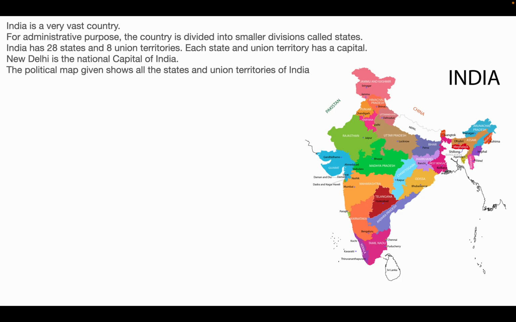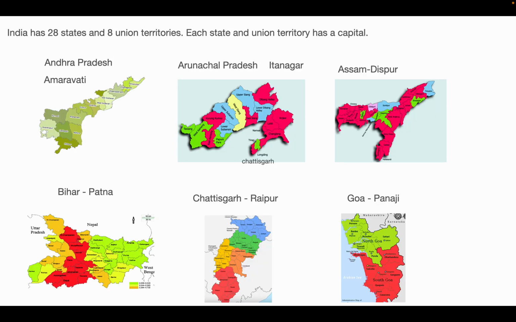The political map given shows all the states and union territories of India. India has 28 states and 8 union territories. So let us look at what these states and union territories are and also their capitals.